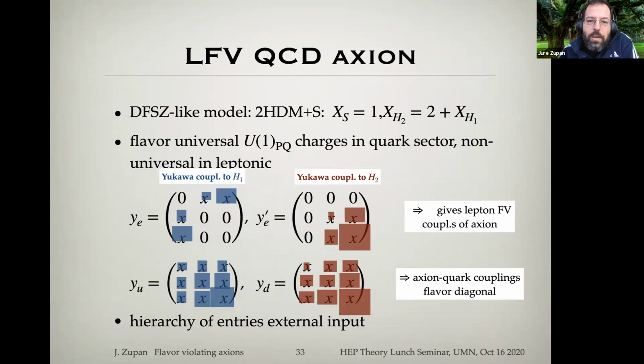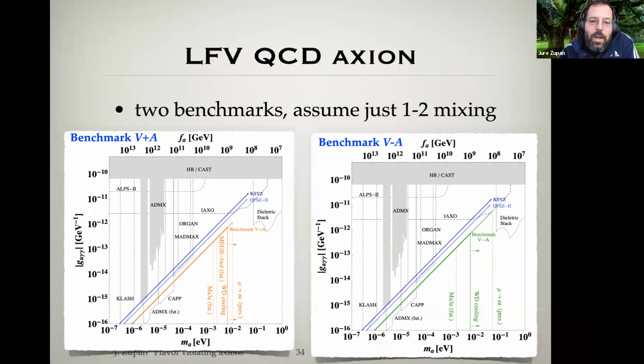So sorry, I have to flip forward. And maybe the interesting thing here is that you rule out quite a big chunk with white dwarf cooling. So everything to the right on the left plot.